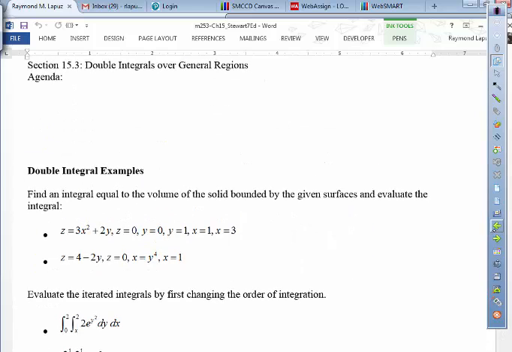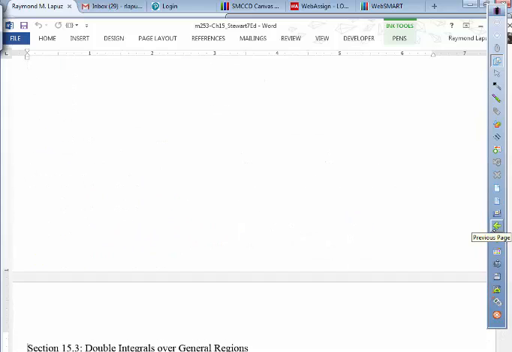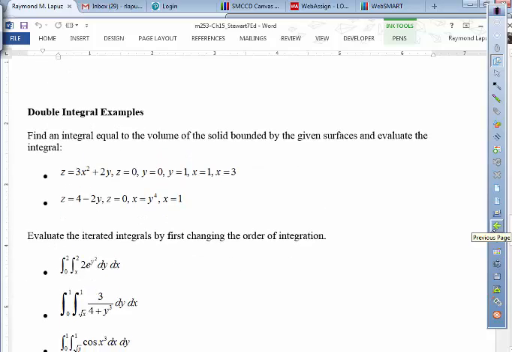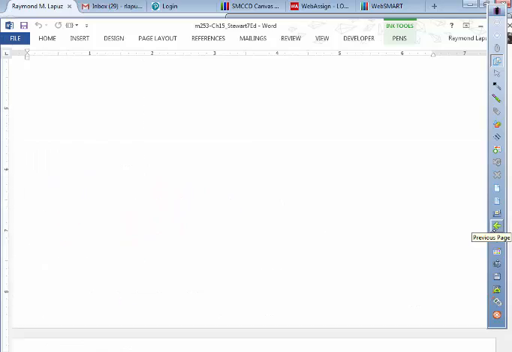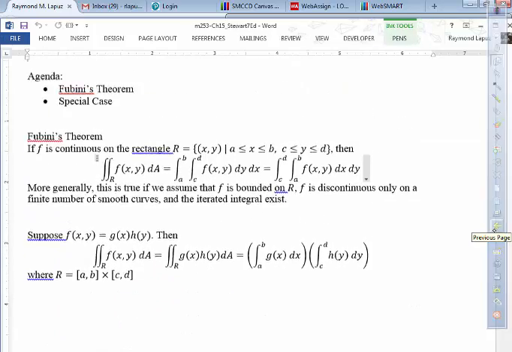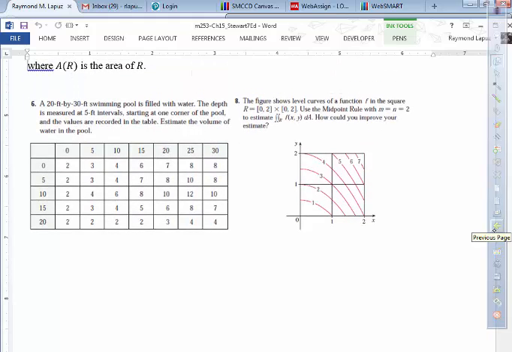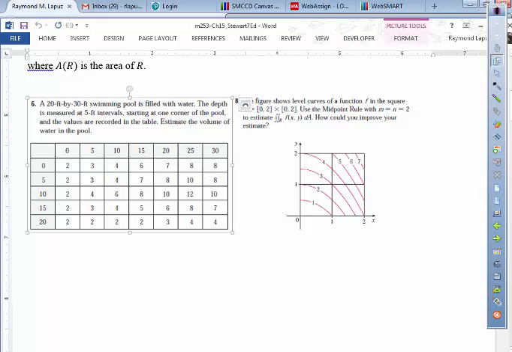So here are a couple of examples. Let's take a look at this one, maybe.